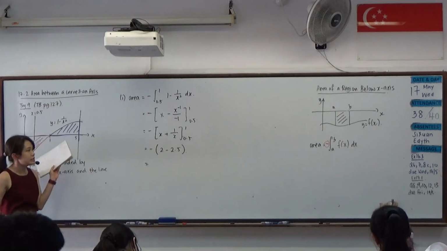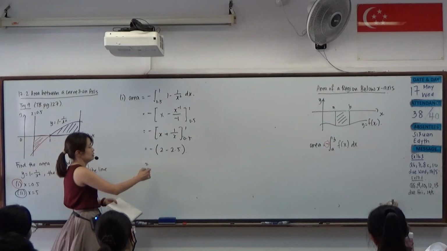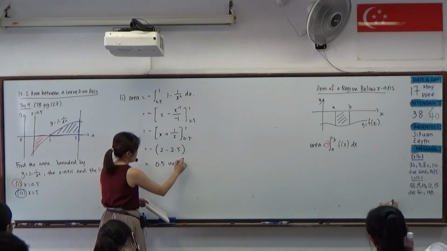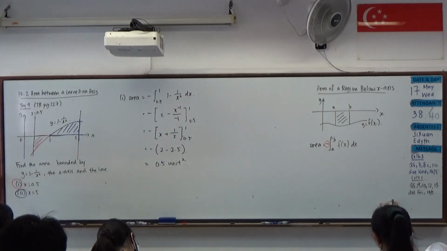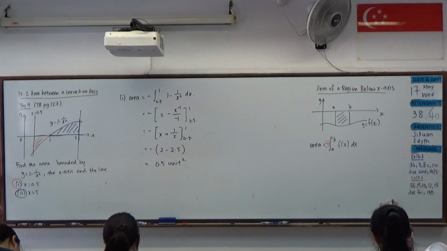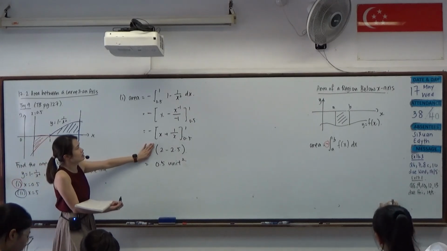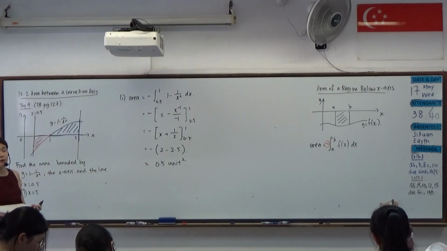Right? But of course, you can press into your calculator directly, in its full form. You will eventually get 0.5 units squared. Okay, make sure you remember to write down your units. So if you didn't have the negative sign itself, eventually your answer will be negative 0.5.